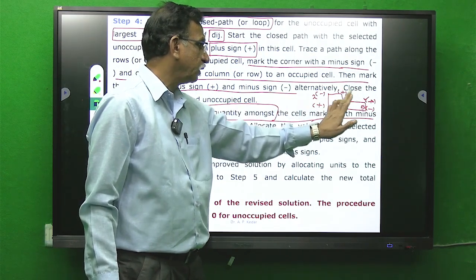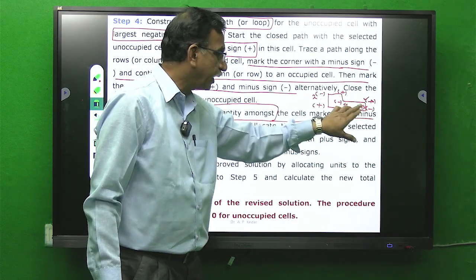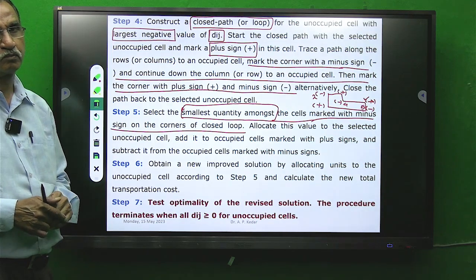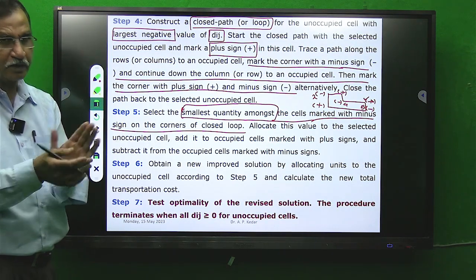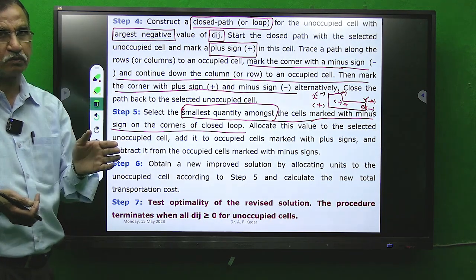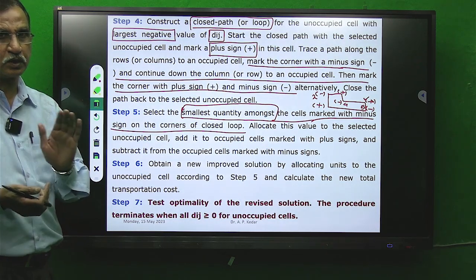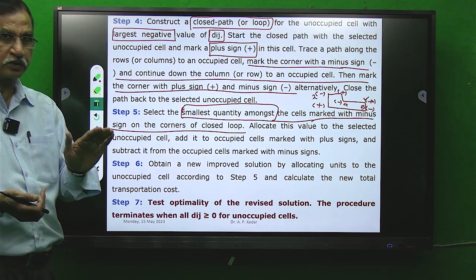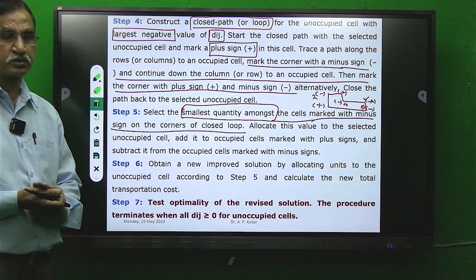If you neglect the sign and only identify values, then you have to add that particular value to a cell with positive sign, subtract that value from a cell with negative sign, and keep other values of the matrix the same.